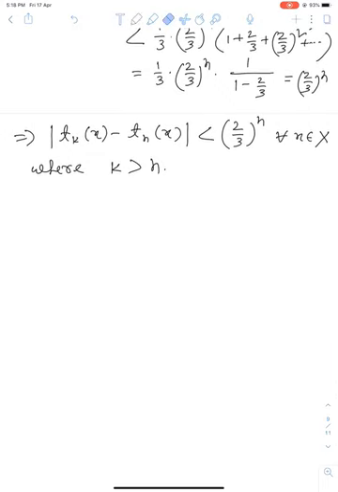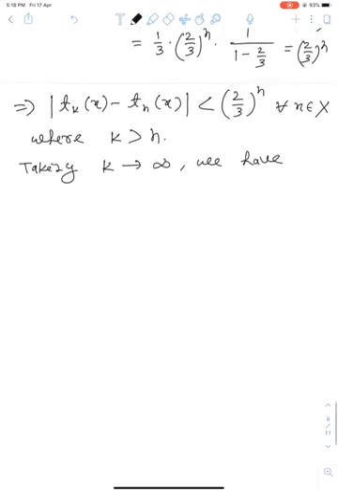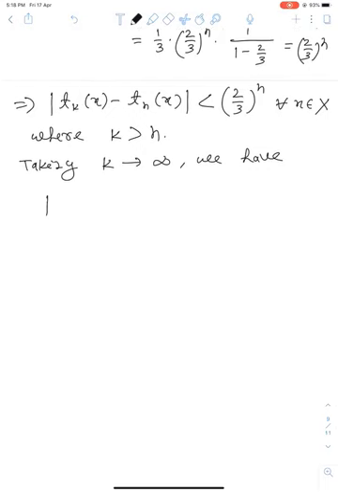taking k tending to infinity, we have that |g(x) - T_n(x)| is less than or equal to (2/3)^n for all x belongs to X. Right?